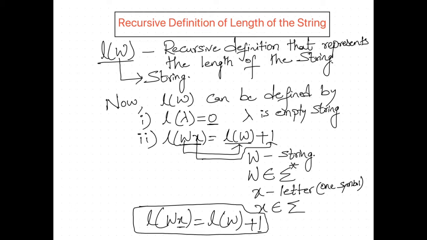Now we should keep this particular concept in mind to solve the numericals on strings using structural induction in the further discussion. This is the numerical we are going to solve using structural induction. We want to prove L of xy is equal to L of x plus L of y.